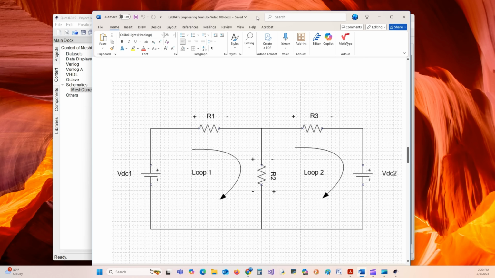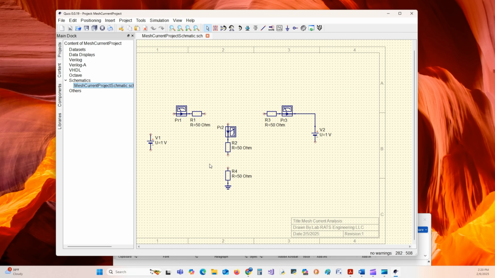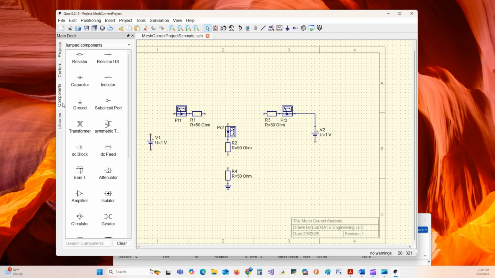Okay, so this is what we're following. So now the thing would be just to wire up our components. These are current probes. Well, I'll show you where we got all this. So our components, resistors are here. So we got 3 resistors, one for the ground. The ground right there. We need power supplies.